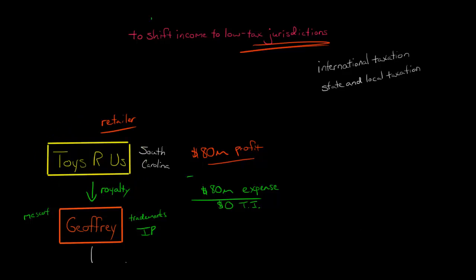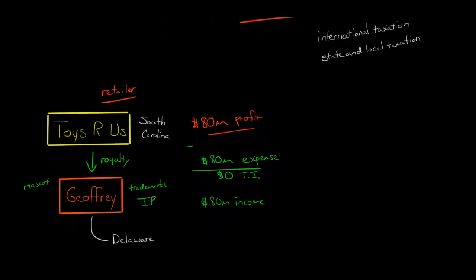Now you might say, hey, that doesn't matter because Jeffrey is going to get taxed on $80 million of royalty income. That would be correct. So there is $80 million. You might be saying, we're just taking $80 million and shifting it to a different entity. How does that escape tax? Well, here's the thing. Jeffrey was not located in South Carolina.